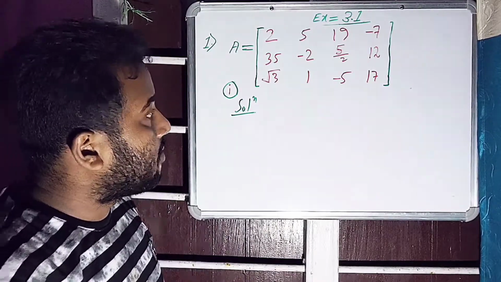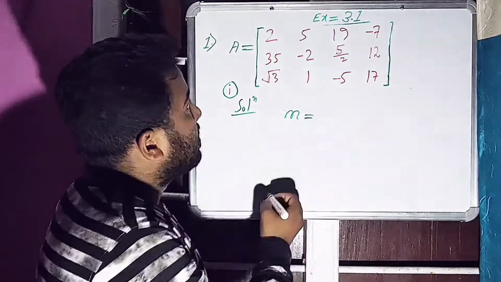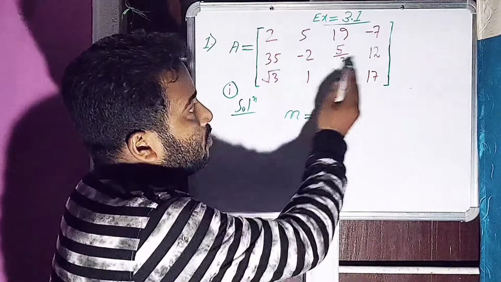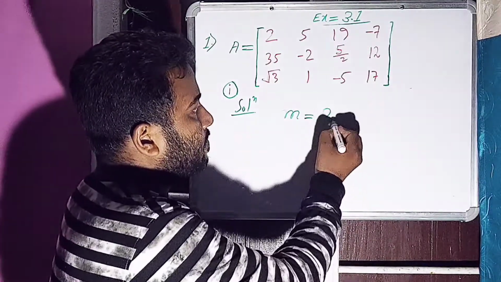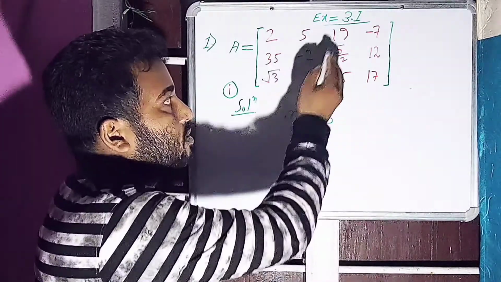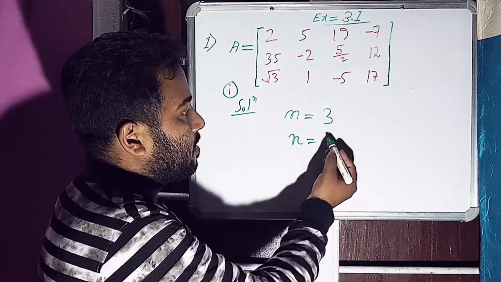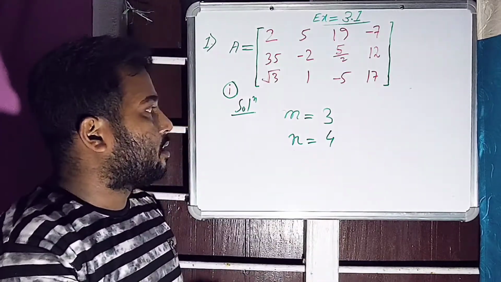So let us find the number of rows. The number of rows m here is 1, 2, 3, and the number of columns here is 1, 2, 3, 4. The number of columns n is 4.